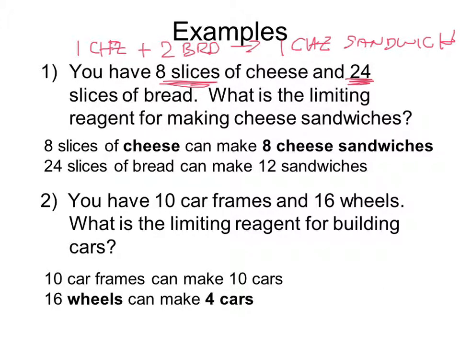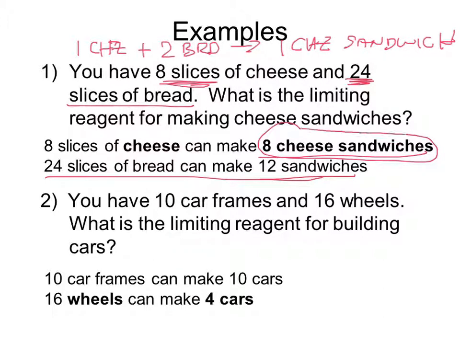And 24 slices of bread will give me 12 sandwiches, since 2 into 24 gives 12. So in this case, the cheese is our limiting reactant. We only have enough cheese to make 8 sandwiches.